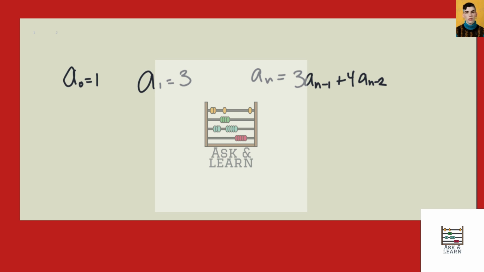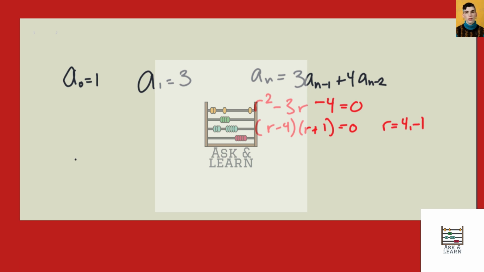And so we would rewrite that as r squared minus 3r minus 4 is equal to 0. Factor and get r minus 4 times r plus 1 is equal to 0. So r is equal to 4 and negative 1.